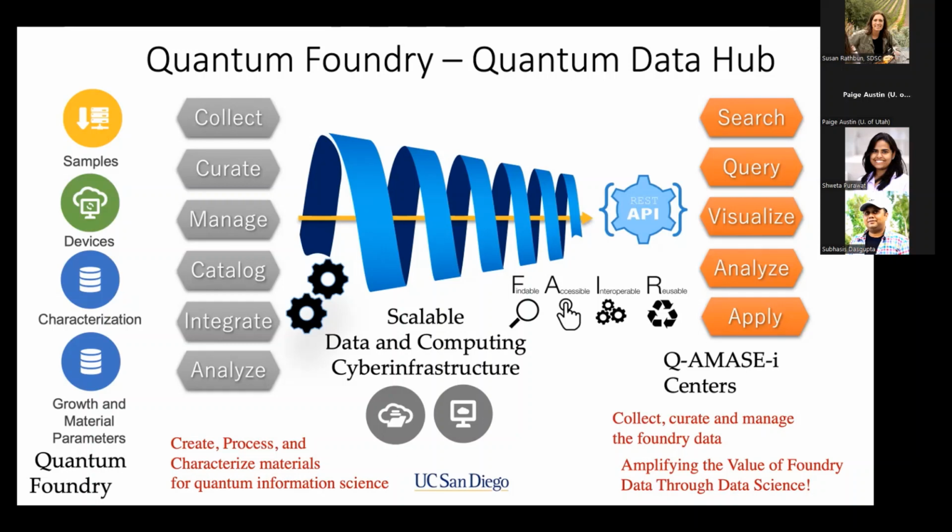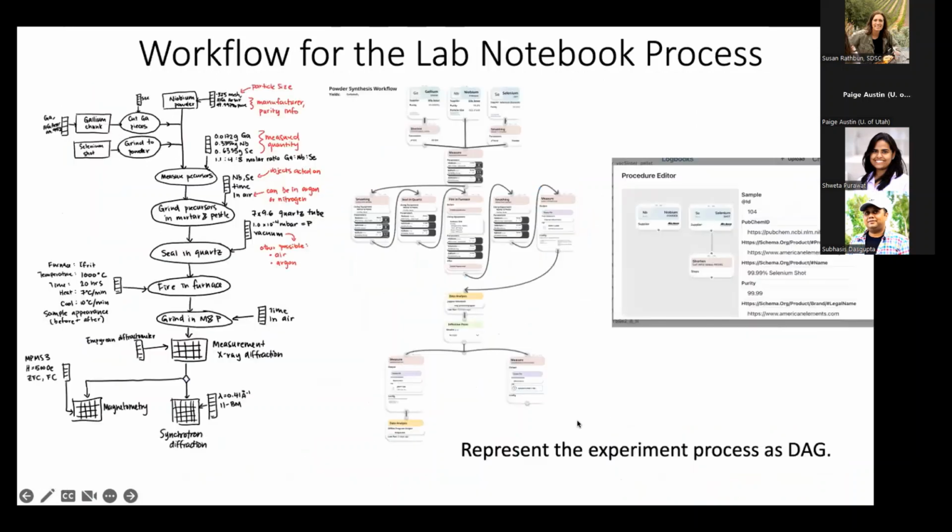where they can search and query the previous data processes. They can visualize, and based on that analysis, they can apply the insights into developing the new quantum materials. So you amplify the value of Foundry data through data science using this platform.